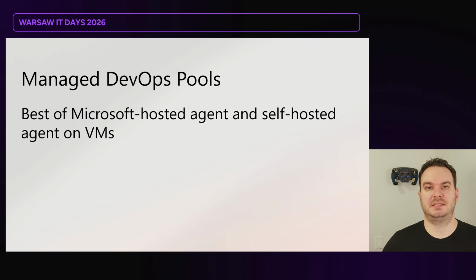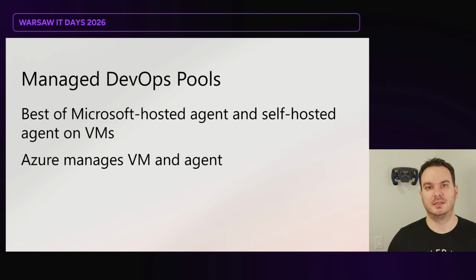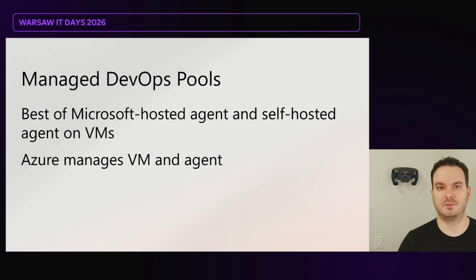My opinion is that the managed DevOps Pools provide the best of both worlds of Microsoft hosted agents and of self-hosted agents. This means we can combine almost all the advantages with almost none of the disadvantages. The way it works is that Microsoft or Azure manages the VM where your agent is running on. This means you don't have to create the VM, you don't have to install any updates.